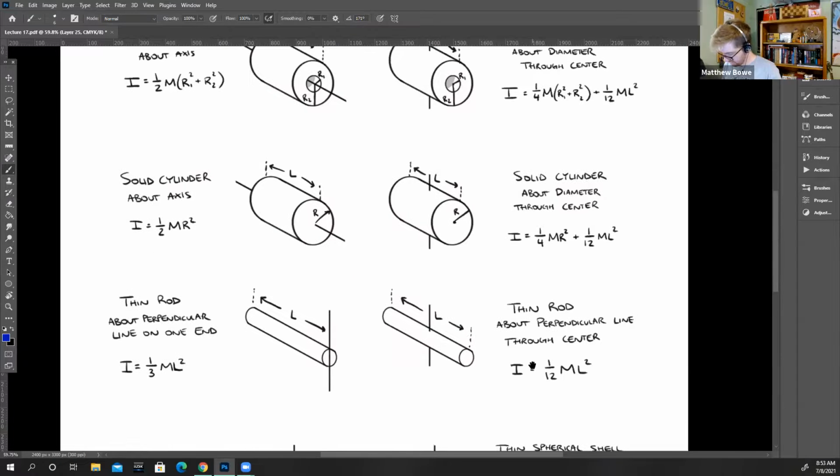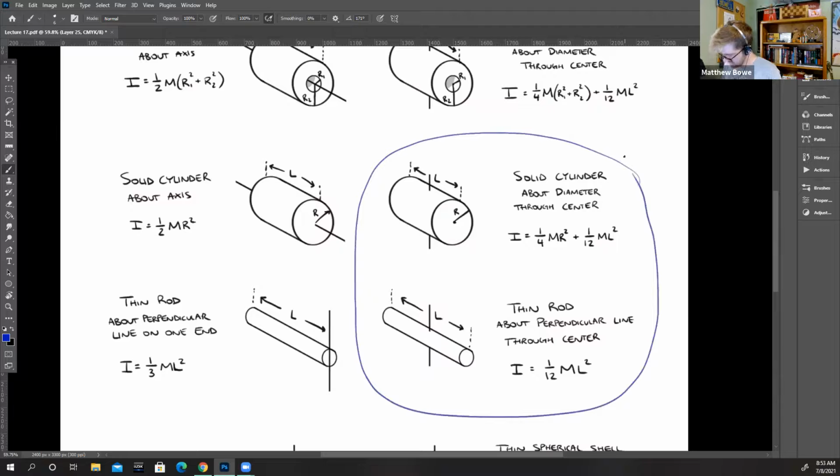You could look down here at these two. See that they are almost identical, except one is a very beefy cylinder. It's very large. One we've described as a thin rod. So imagine something very minuscule, like a coat hanger wire. A wire itself.